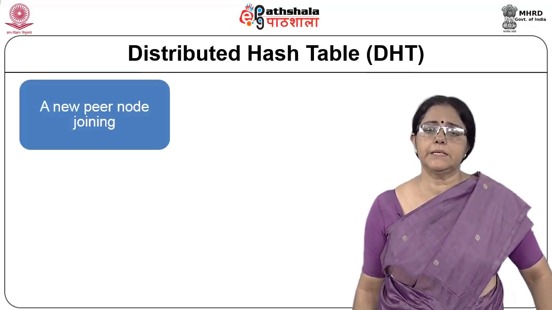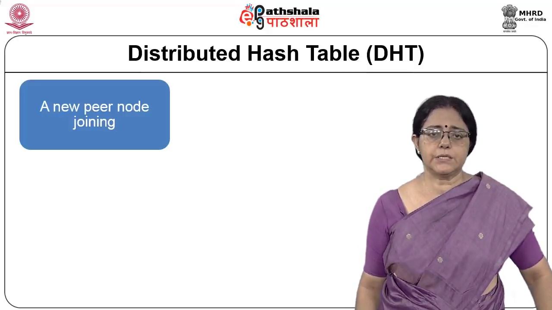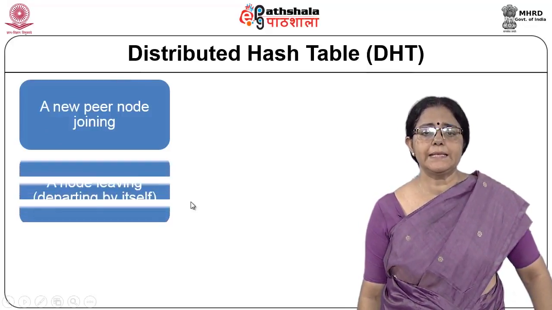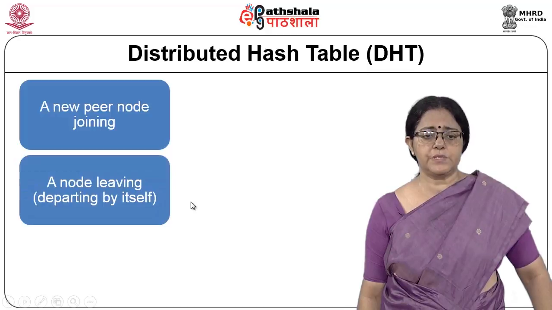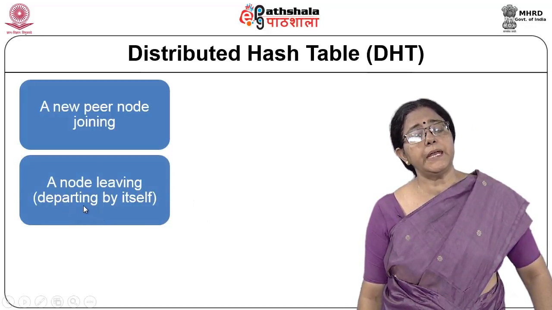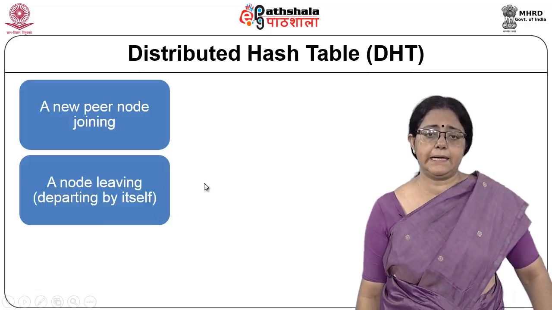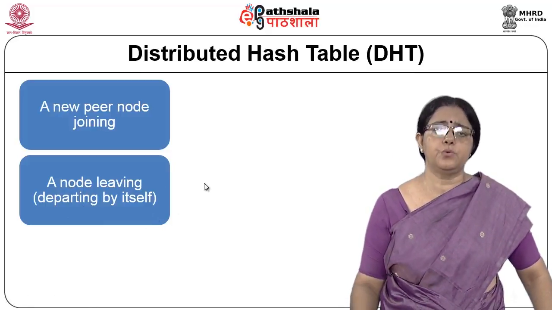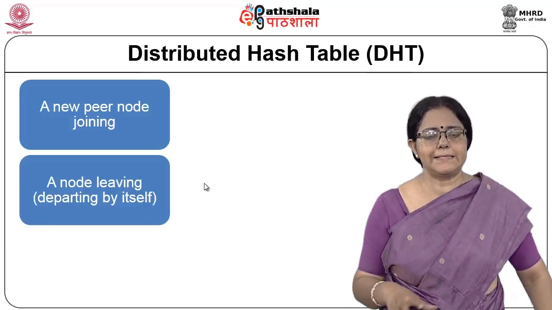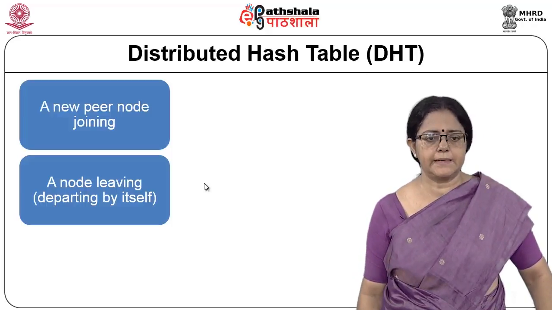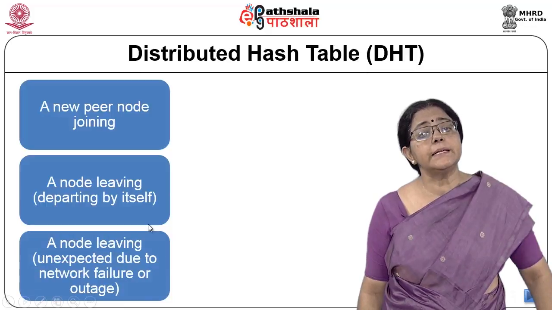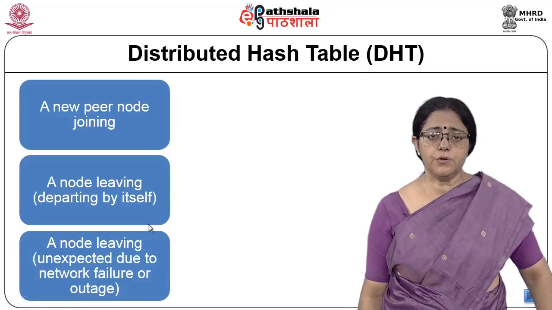The hashing method used in DHT does not require that. Let us see what happens when a new peer node joins. When a node leaves, it may be a planned leaving, where the node wants to go away knowingly, so it can send and receive messages and then leave. Or unexpectedly, a node may suddenly get shut down. That can also happen.